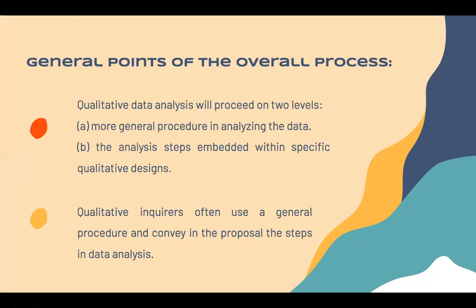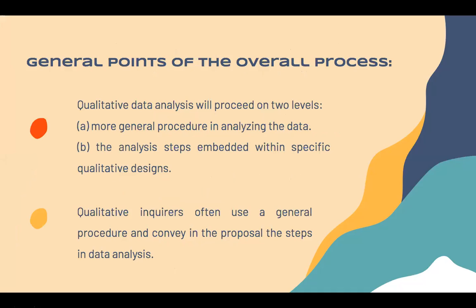So continuing the previous material, here are the rest of the general points about the overall process. A helpful conceptualization to advance in the method section is that qualitative data analysis will proceed on two levels. The first is a more general procedure in analyzing the data, and the second would be the analysis steps embedded within specific qualitative designs.